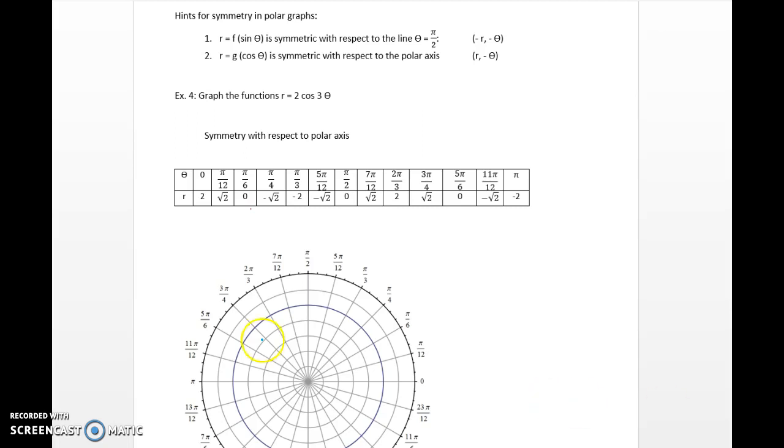So if we look at the graph r equals 2 cos 3 theta, cosine of theta is going to be symmetric with respect to the polar axis, that horizontal. So again, we only need to find points above that polar axis.